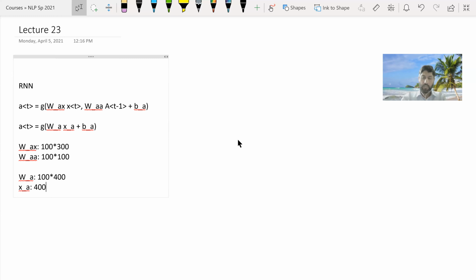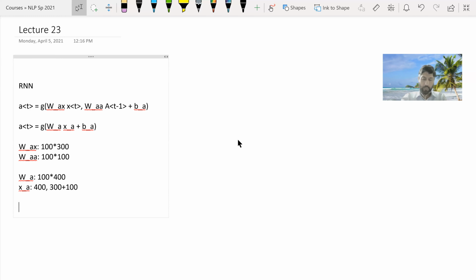So this is basically 300 of vector X plus 100 after that of vector A of the previous time step. So in this way, you carry only one parameter matrix, which is WA, and one bias vector, which is BA. So this is just a notational simplification. There is no change in the computation as such.